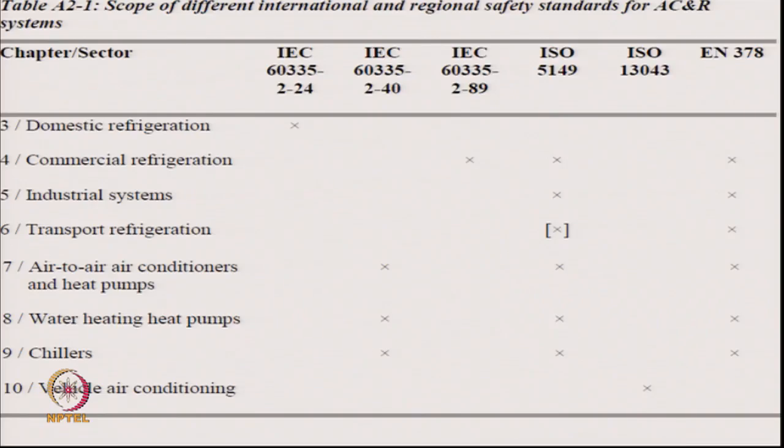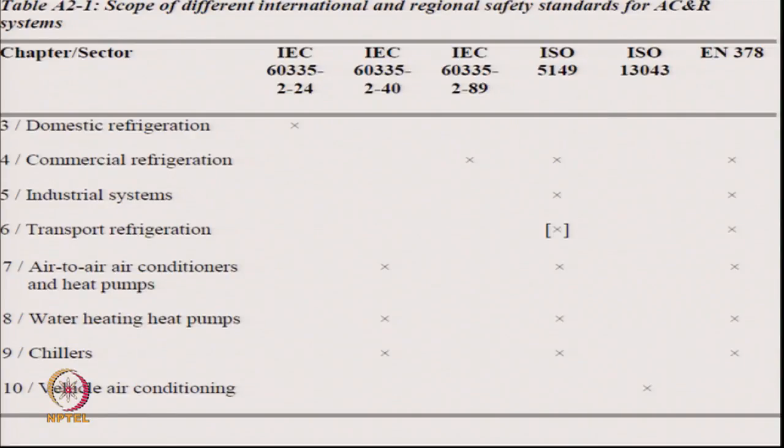Then we look at the standards that are applicable. So what are the international standards that you can refer to when designing equipment if you are concerned about refrigerant safety? So there is an IEC standard 60335-2-24. Then there is, for domestic refrigerators, this is the one to use.